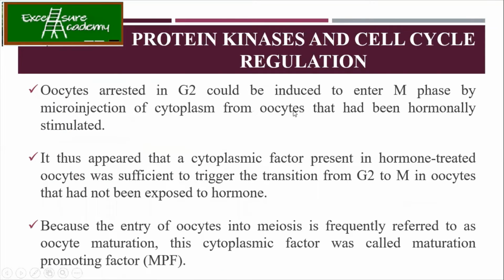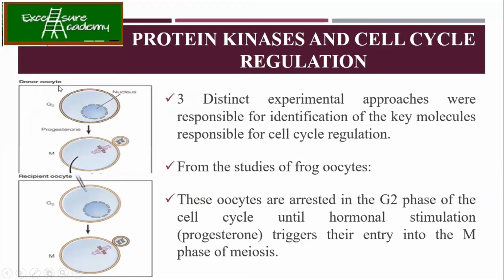Now, oocytes arrested in G2 phase could be induced to enter M phase by micro-injection of cytoplasm from the oocytes that had been hormonally stimulated. So what they're saying over here is that, let's say this is the donor oocyte which is arrested in the G2 phase. They have given the progesterone as a stimulation so that it passes from G2 to M phase.